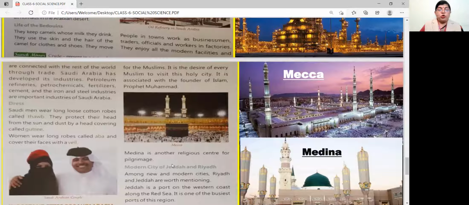Women wear long robes called abaya and cover their faces with a veil. Men are also wearing loose cotton robes, and women are also wearing long robes and cover their faces with a veil.